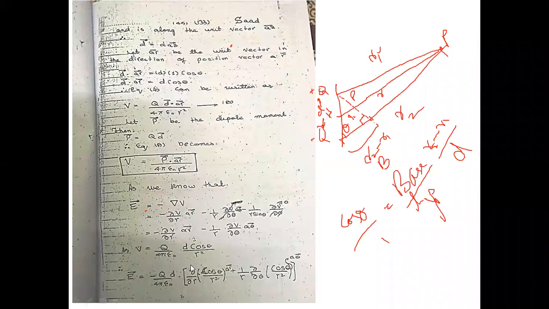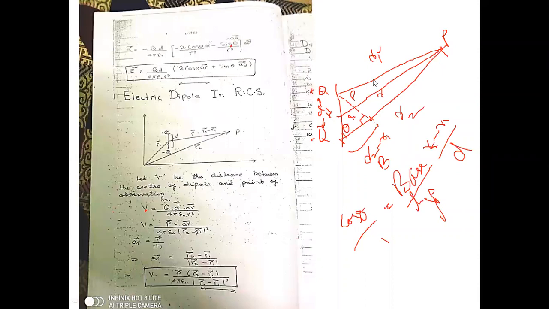Taking the gradient in the spherical coordinate system, for the ar component theta will be constant, and for the theta component r will be constant. So you will get 2 cos theta over r cube ar plus sine theta over r cube atheta. This will be E after applying the gradient on the V equation.